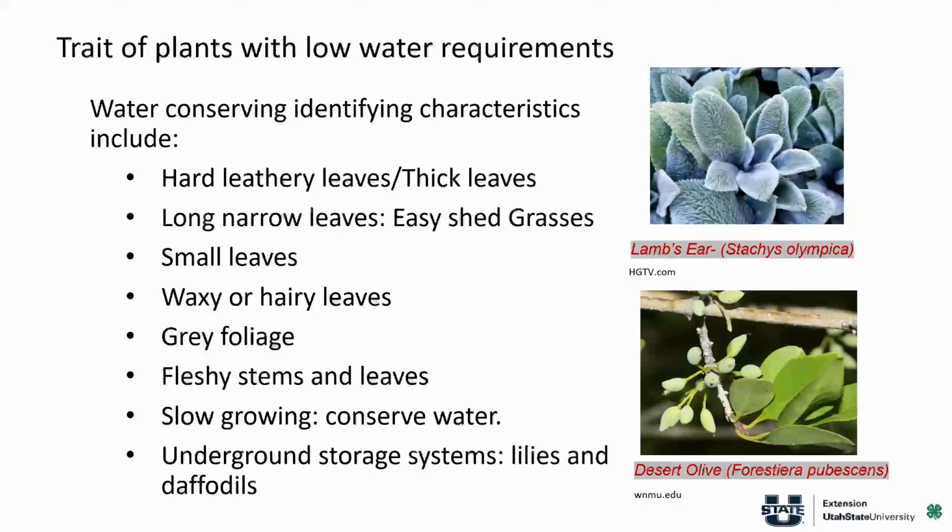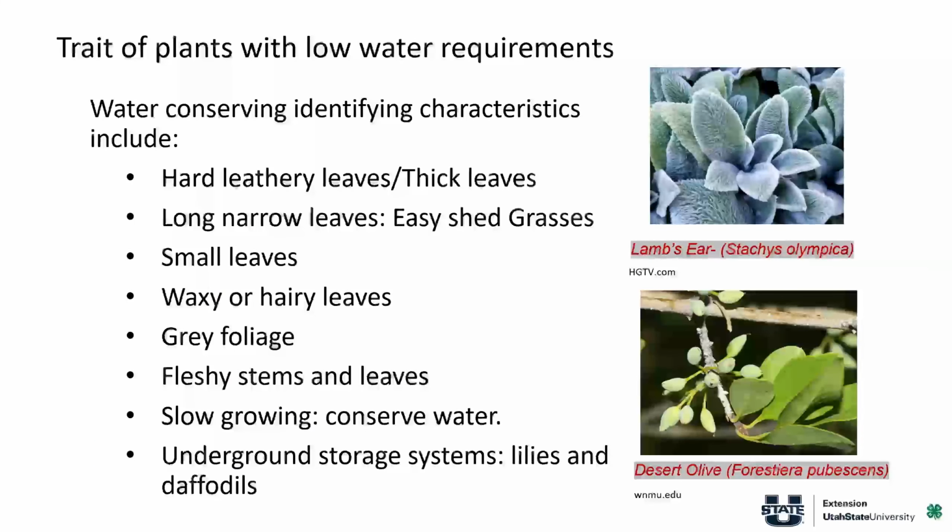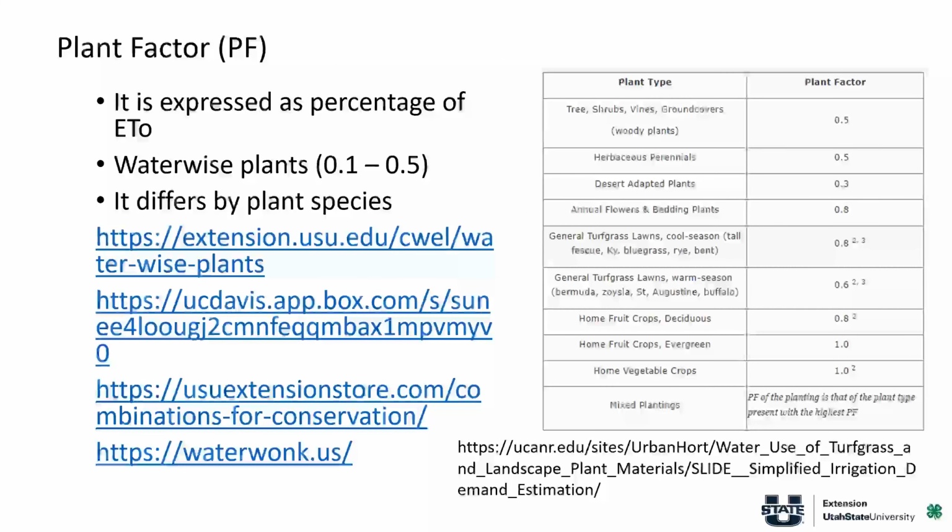I talked all about water conserving characteristics, and as you all know, to calculate the amount of water, we need the plant factor, not all this theory. So let's dive into that. Plant factor is expressed as a percentage of reference ETO. When I told you these water-wise plants, their plant factor usually ranges from 0.1 to 0.5, and it differs by plant species.